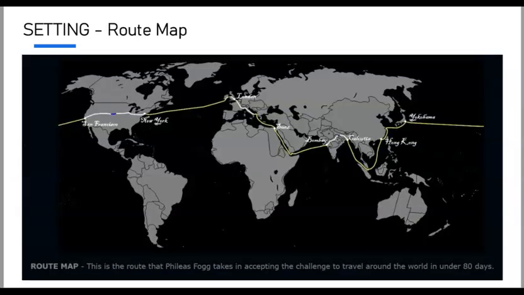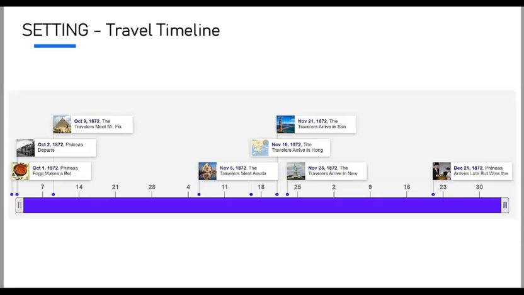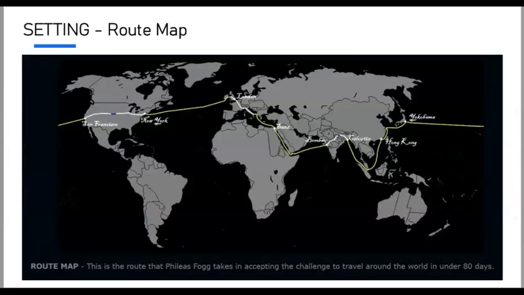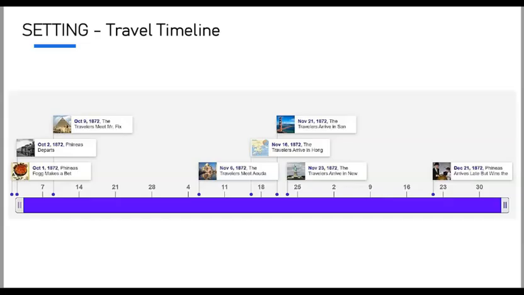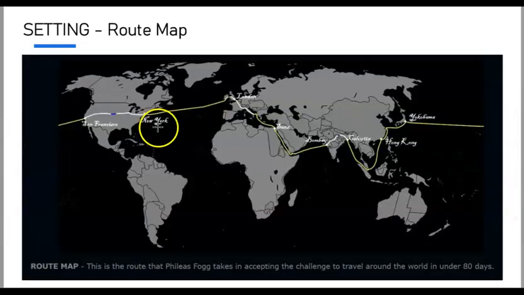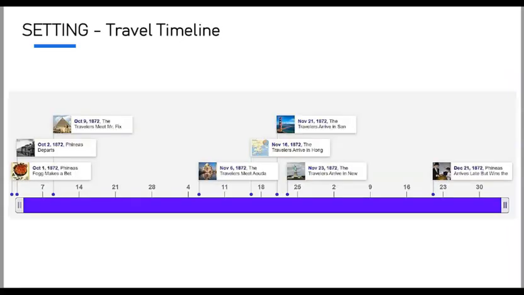Okay, and again, here are the settings, the route map and the travel timeline for the setting. You can mention some of the places that are shown in the text.